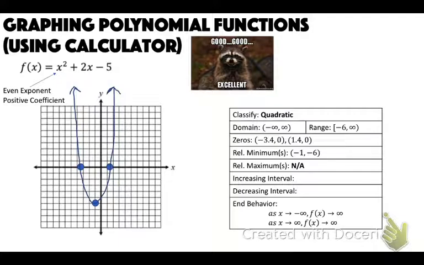Range is negative 6 to infinity because it's a point at negative 6, so that's where there's a bracket. Now, increasing is where you're walking uphill, so that's going to be negative 1 to infinity, and it's always x values. Okay, decreasing would be negative infinity to negative 1.